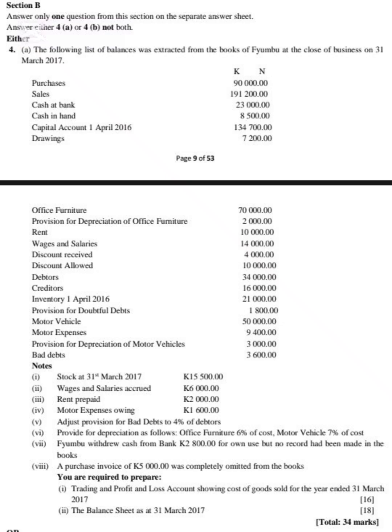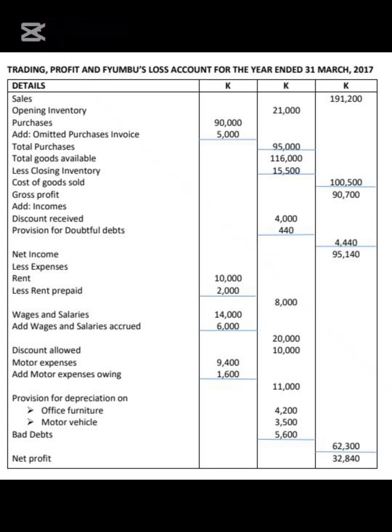The same invoice shows unpaid goods of 5,000 kwacha, meaning that once the invoice was sent and we did not enter it in the books, we have unpaid goods of 5,000 kwacha. So these unpaid goods, we need to add them to the purchases to give us the total purchases that as the business we purchased.